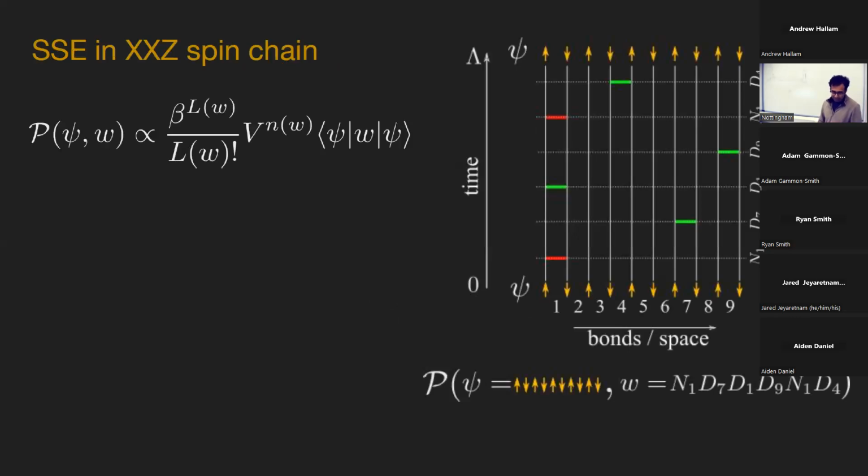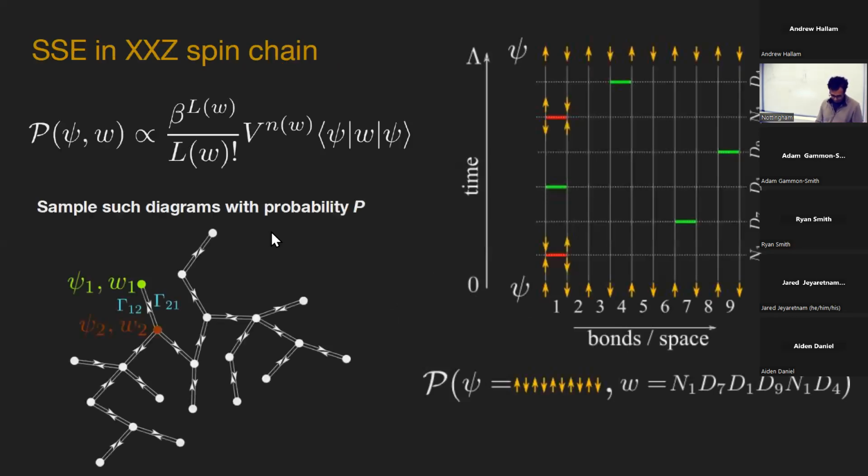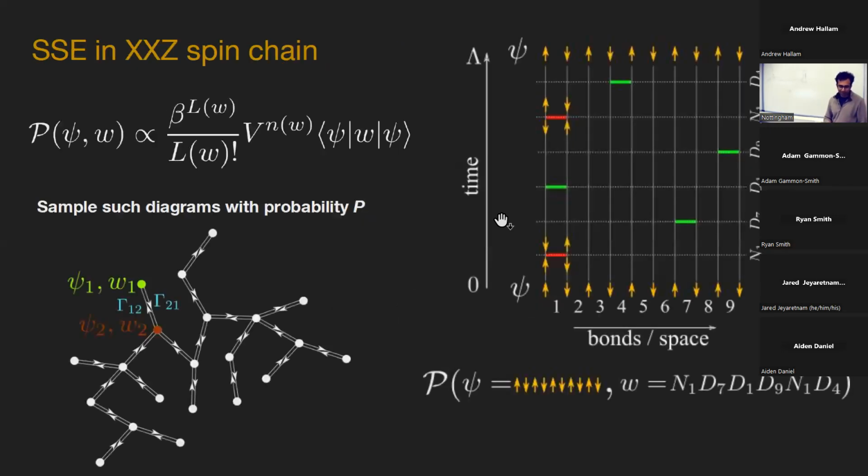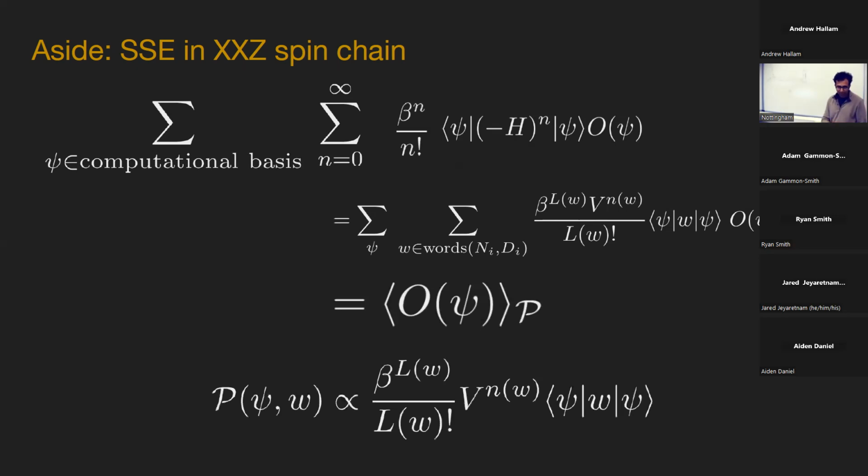And then I can think of the expectation value of an operator O to be the weighted average of O psi with a probability distribution that is given by this quantity.